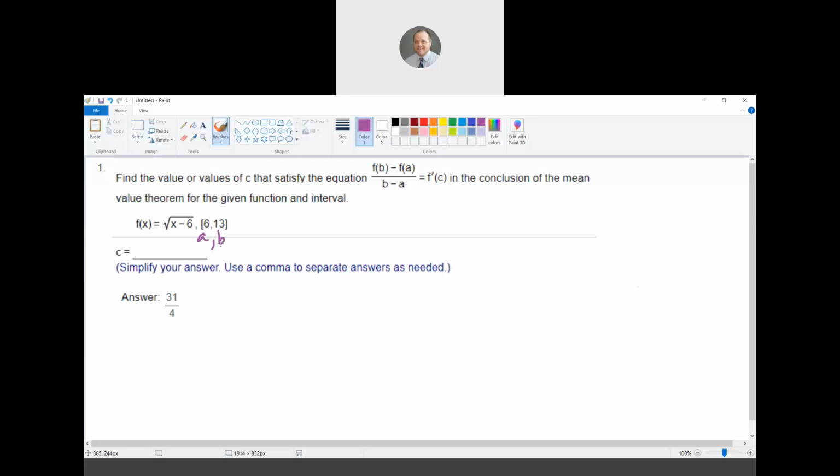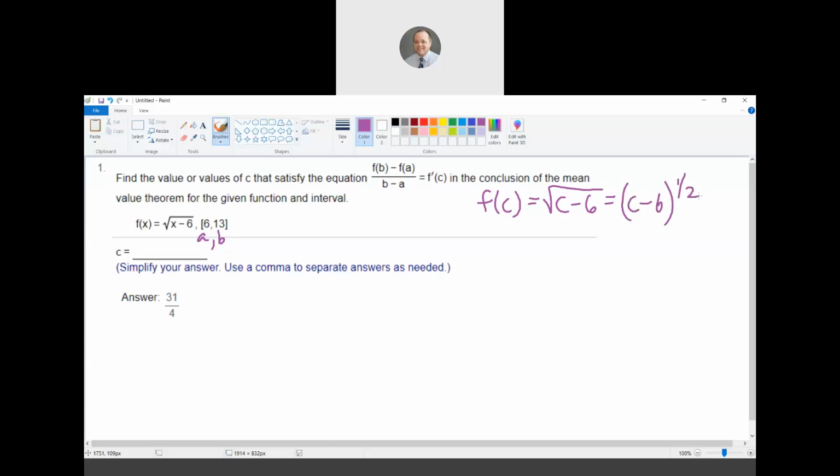First up, everywhere in your original function that you see an x, replace it with c. And the square root of c minus 6, we're going to rewrite that as c minus 6 to the 1/2 power.